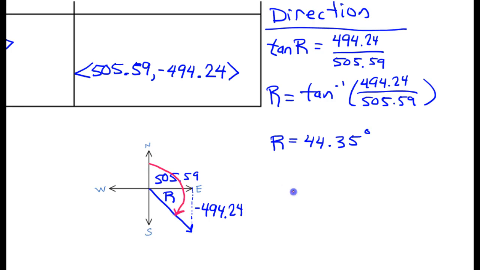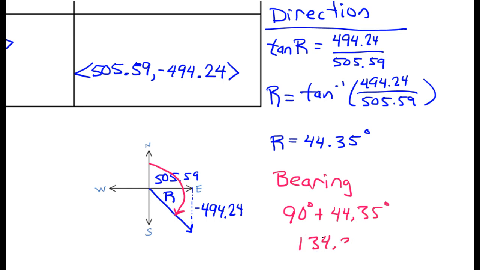So I'm hoping that you can see that this bearing, alright, and there's no symbol for it, so you have to use the word bearing. This bearing is going to be 90 degrees plus this reference angle. From north to east, that was 90 degrees so far, plus the reference angle, which is 44.35 degrees. Add those up, and that's going to be the bearing. So this is going to be 134.35 degrees.